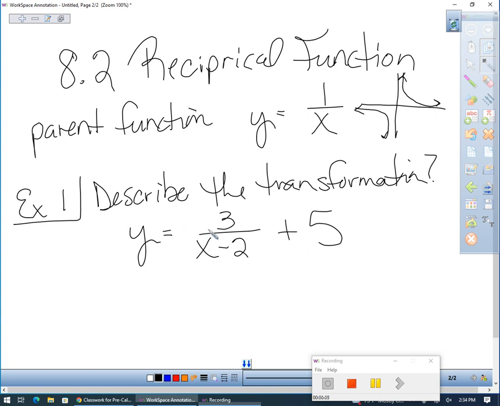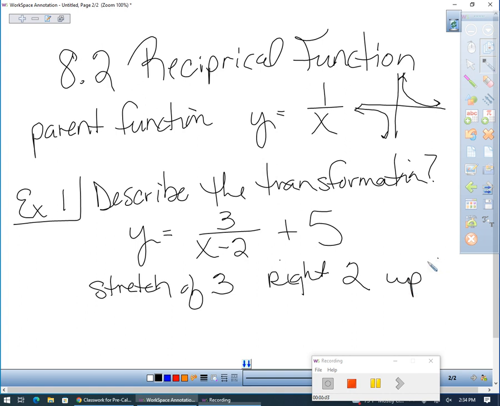So this 3 on top, instead of a 1, what do you think that 3 is going to mean? Stretch of 3. Okay, in the bottom, instead of having x, I have x minus 2. What do you think that means? Right 2. And at the very end, we have plus 5. Up 5.